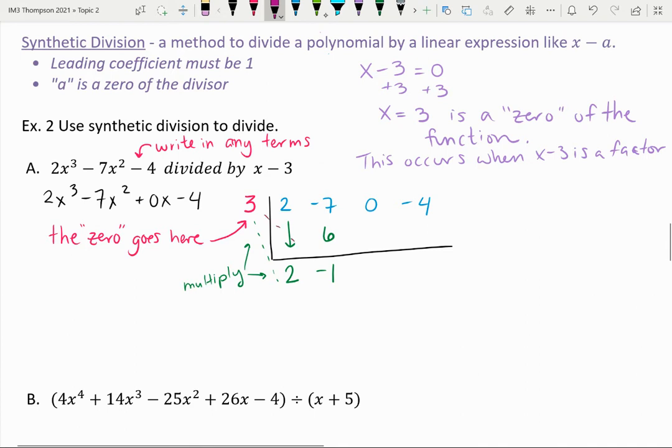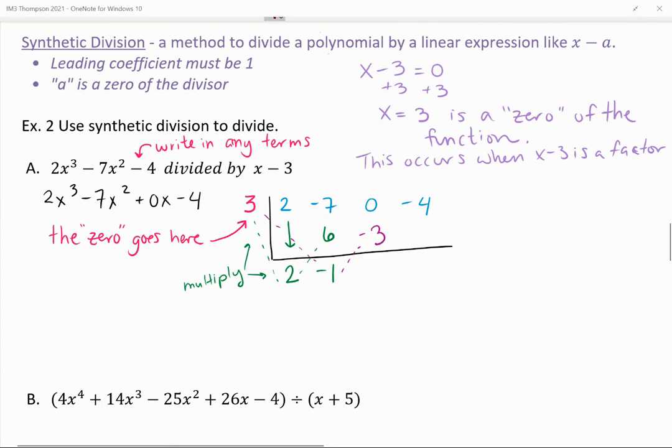So now I'm going to do 3 times -1, which is -3. And add down. 0 and -3 gives me -3.